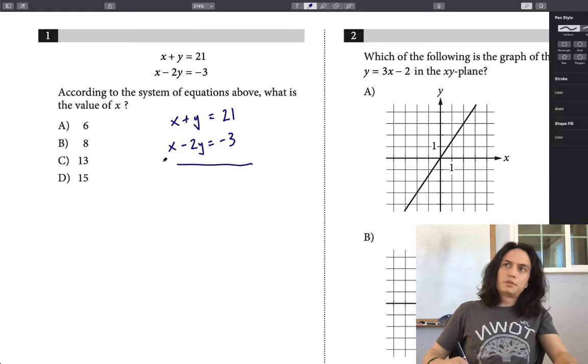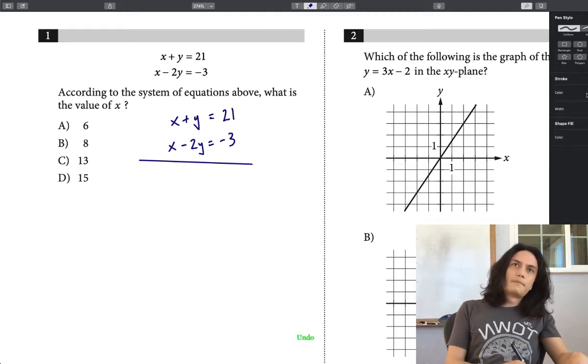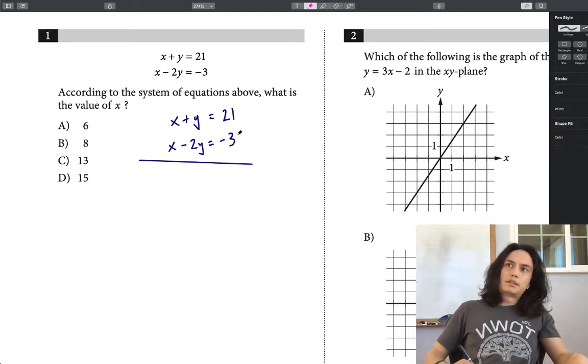So this one, for example, we just want to subtract this entire equation. I'll do this in a different color. We're subtracting this whole equation, both sides, from this whole equation.